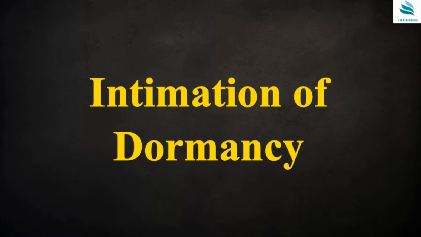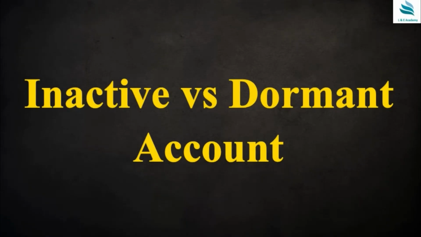And how much time should I take? At least 3 months before I classify your account as dormant. Now, I also need to do as a banker an annual review of all saving bank and current accounts. Based on such review, account holders who haven't transacted for a long time will be asked to activate the account through prescribed means.